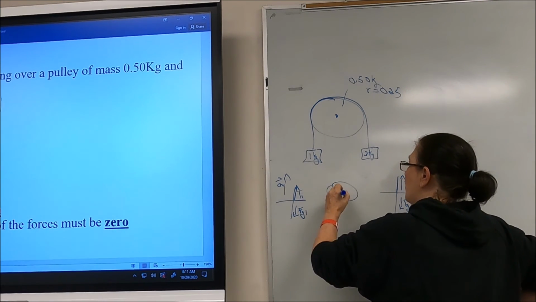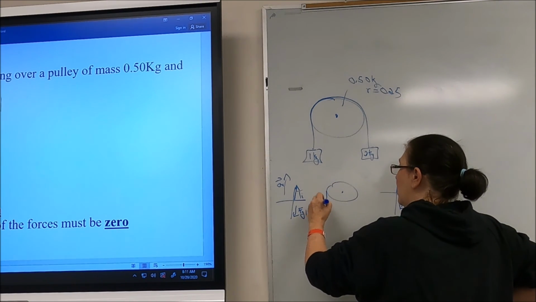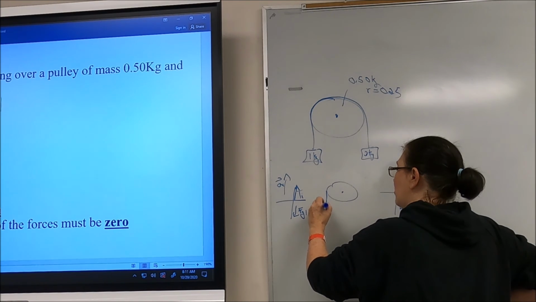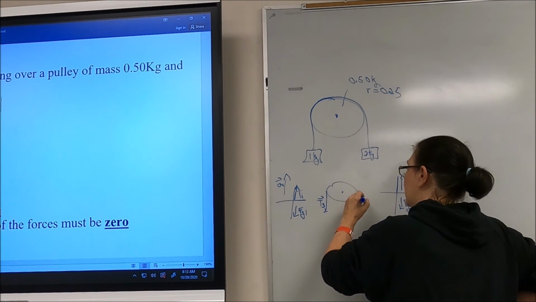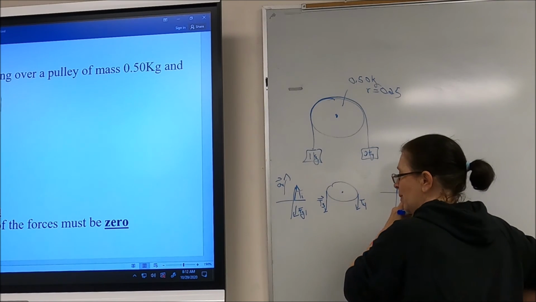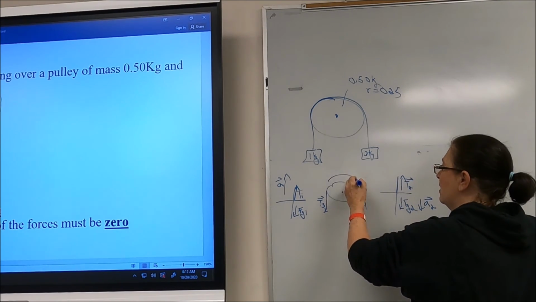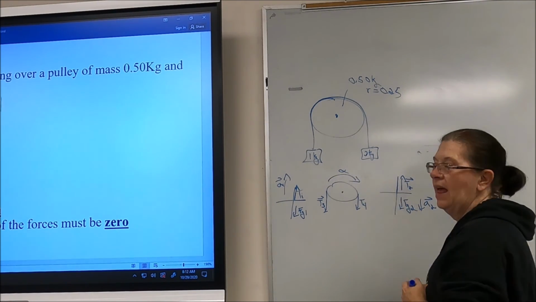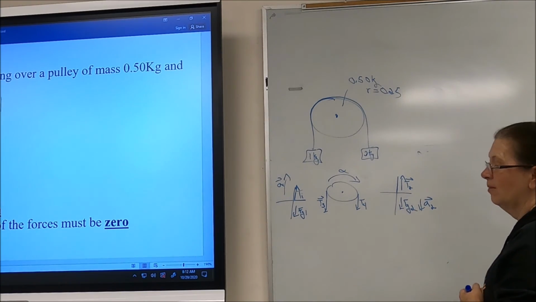Now let's think about the pulley. That's going to have a tension T3 here, and a tension T4 here. Okay, I'm expecting this guy to have an angular acceleration in this direction.